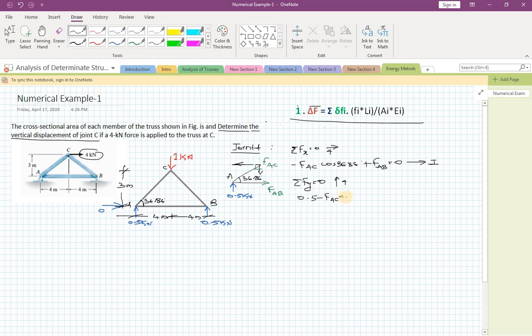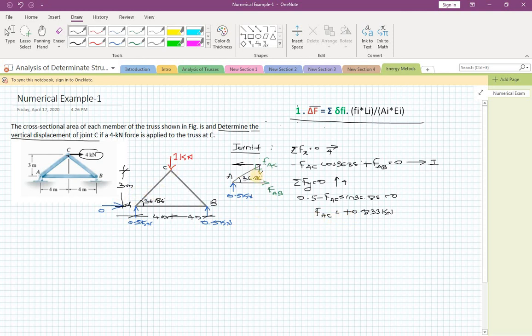Minus FAC sine 36.86. No other force is there in the vertical direction, equal to 0. When I solve this, I'll get the value of FAC as 0.833 kilonewtons, with a positive sign.